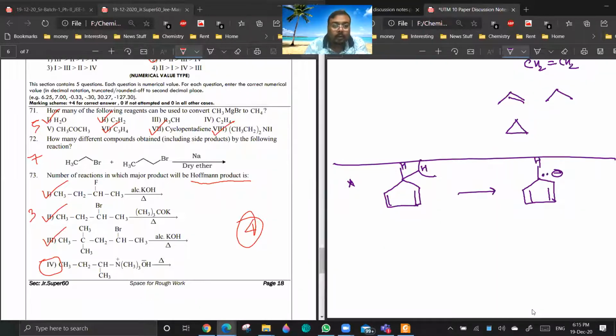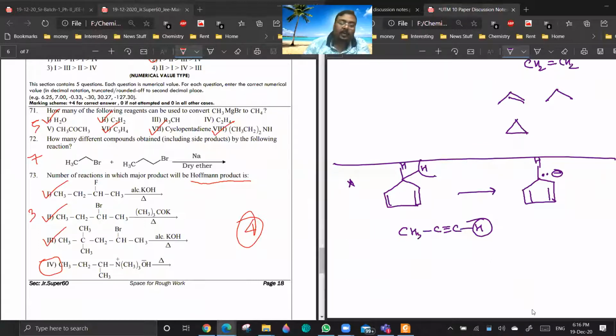Are you getting a point? Yes, sir. Even in case of alkynes, the terminal hydrogen is acidic because sp carbon is more electronegative than nitrogen. Is it clear? Yes, sir. So 71 is clear to all of you? Yes, sir. Then after that, I think 72 is also a doubt.